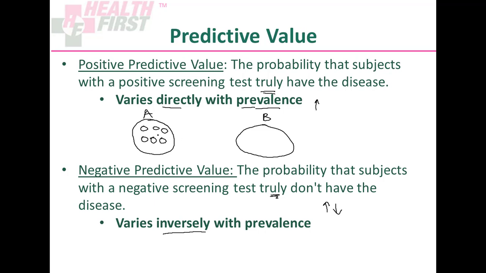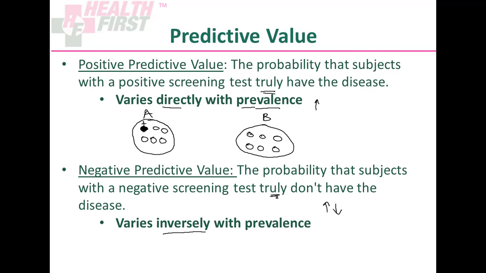Or let's just say 6 individuals, 1, 2, 3, 4, 5, 6. So in A you have 6 individuals, in B you have 6 individuals. And in population A, you have one individual who has the disease of interest. So this individual is positive. They have the disease of interest.